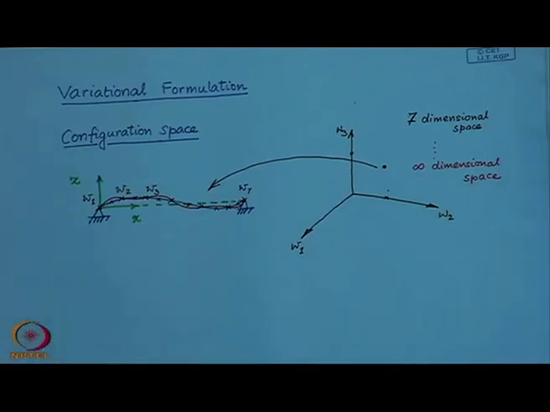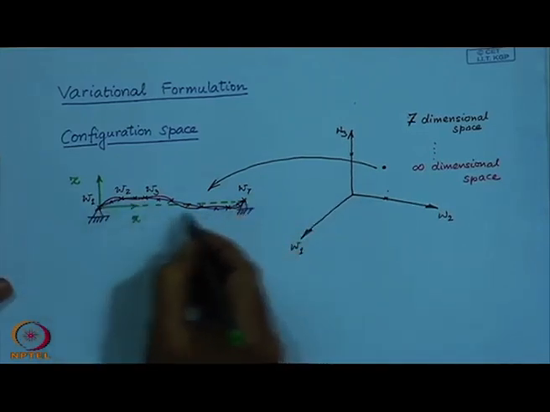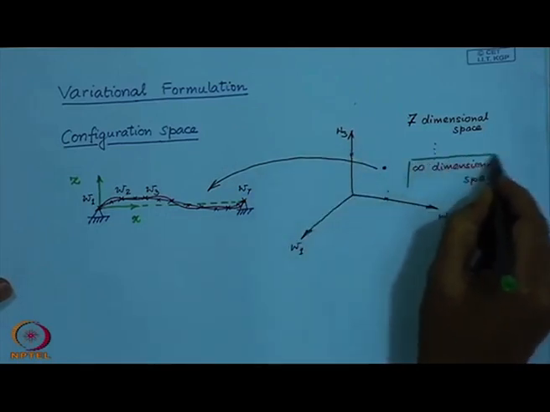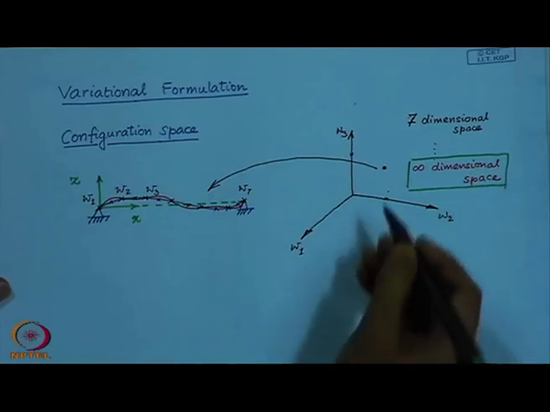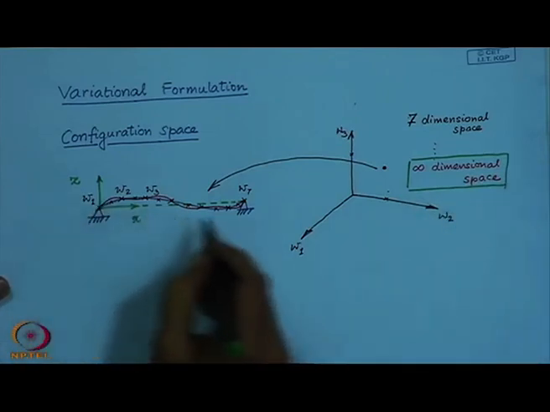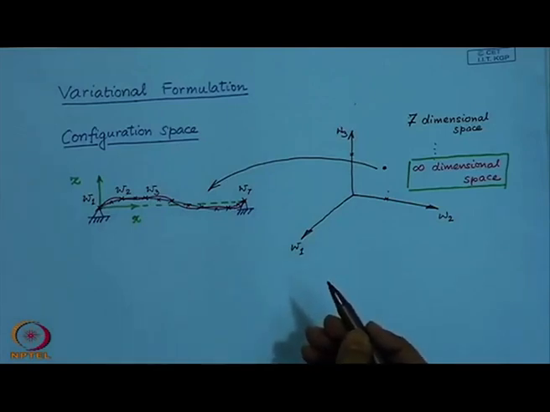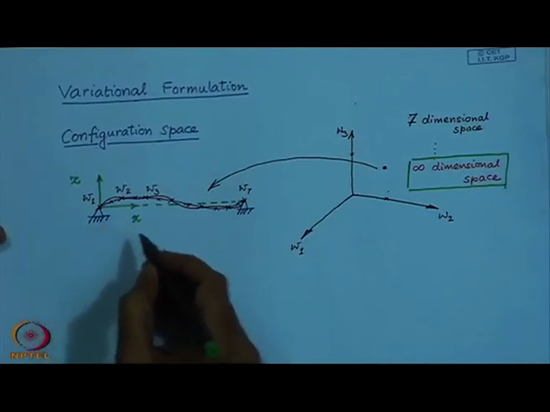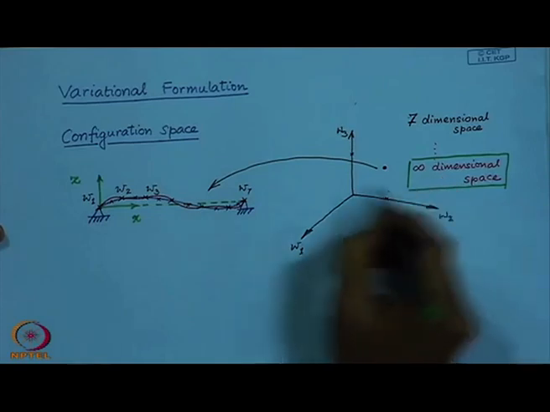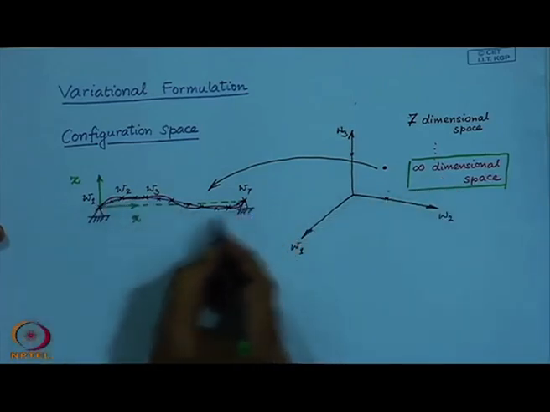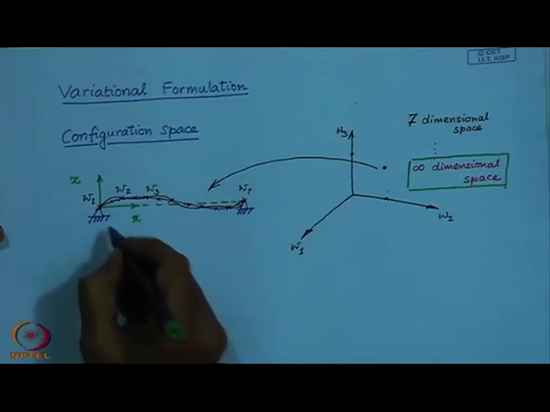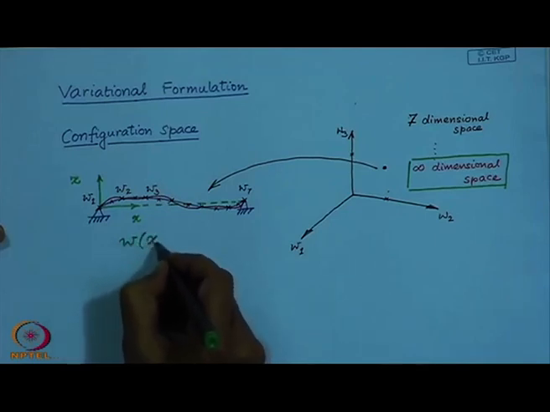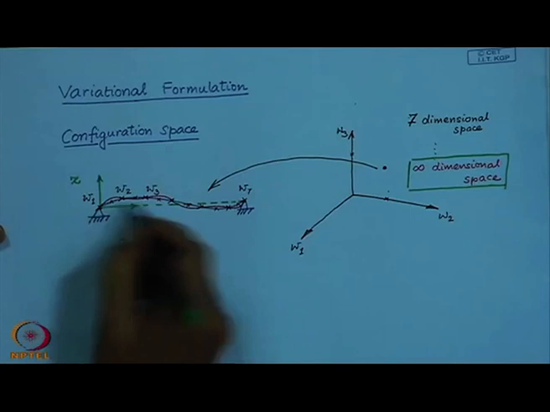which can track the configurations of the string. So, finally, we require an infinite dimensional space to represent all possible configurations of the string. Then, as you can see, to represent such infinite possibilities, we require what are known as field variables, and that is what we have been using till now.